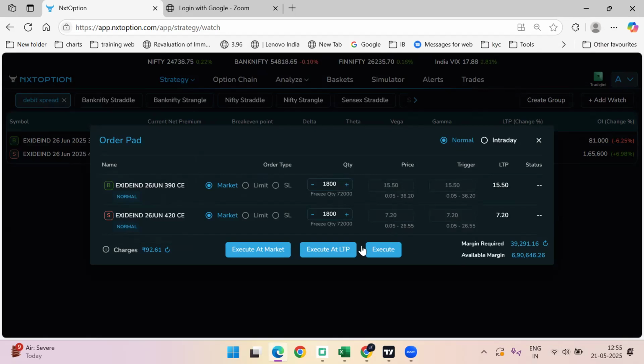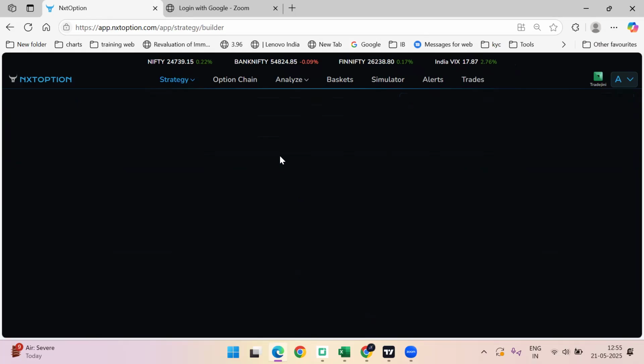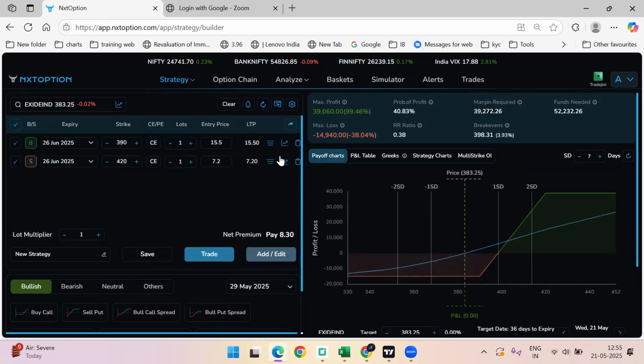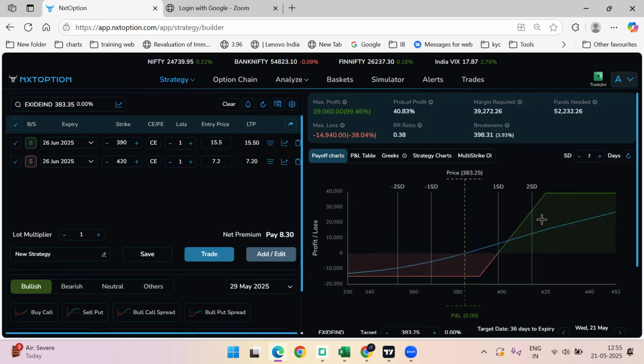Now, okay. So if I want to execute this, before I execute, if I want to analyze it, I can go to strategy builder and see when I will start incurring a loss.